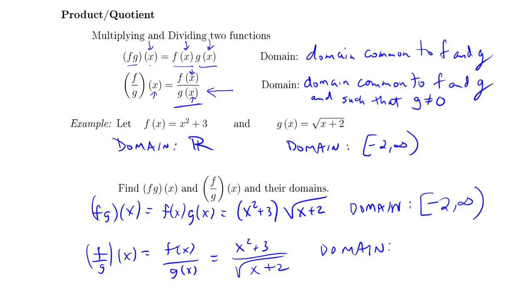But I have to make one further check. I have to make sure that g doesn't become 0. But g would become 0 when x is -2. So I have to get rid of that. So that can't be in my domain. So my domain is actually going to be open -2 to infinity because I can no longer include -2 in my domain. So there's how we can do sum, difference, product, and quotient, both building the function and figuring out what the domain should be.